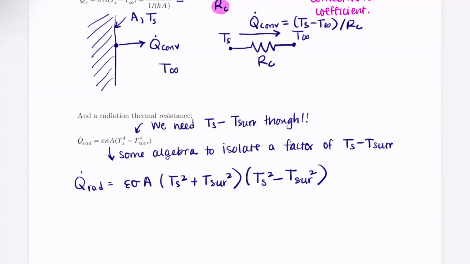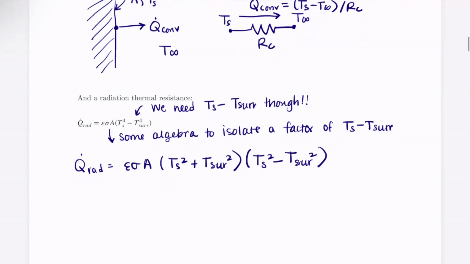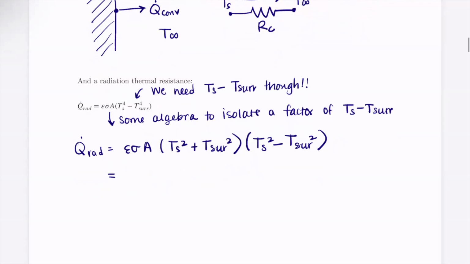All right, so I've just decomposed my Ts to the fourth minus T surroundings to the fourth into these two factors. And then I'm going to decompose that second one, factor out that second one more time.